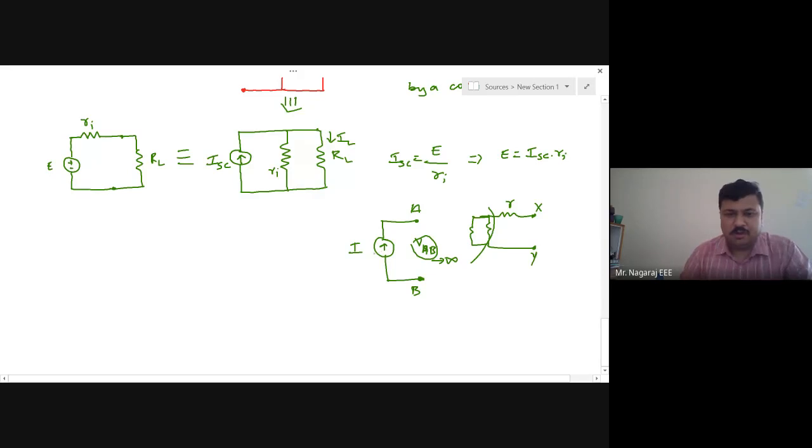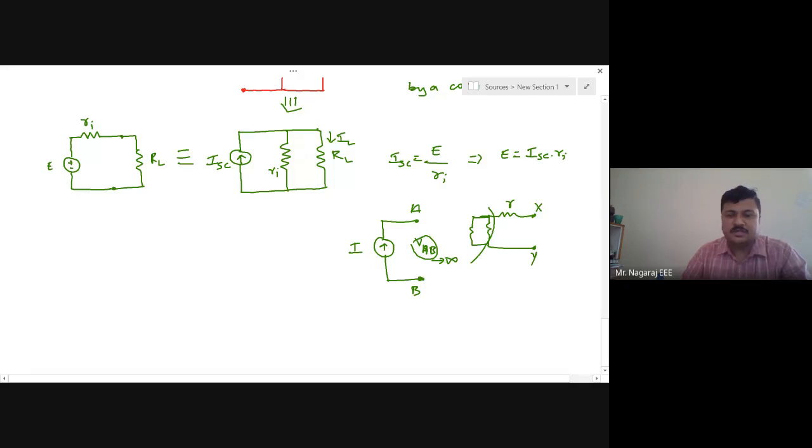If I have to call some element a source, that element should have the capability to deliver that quantity continuously. When I call a source a current source, its duty is to deliver current continuously. But if I keep an open circuit across it, it still tries to deliver current continuously by building up the voltage up to infinity.